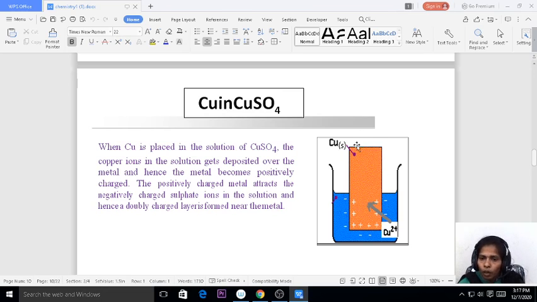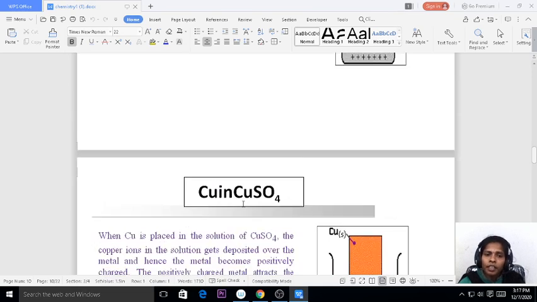That means Cu2+ is coated over the copper here. That Cu2+ is gaining 2 electrons to become a neutral atom. Due to gaining the 2 electrons, it again forms a double layer and releases the potential. That potential is called the reduction potential here.